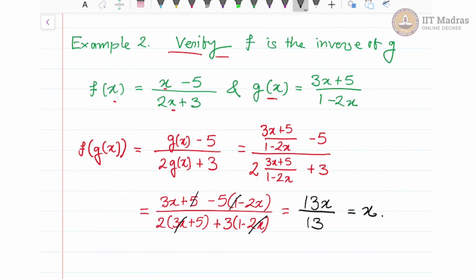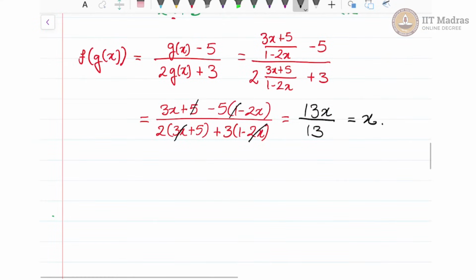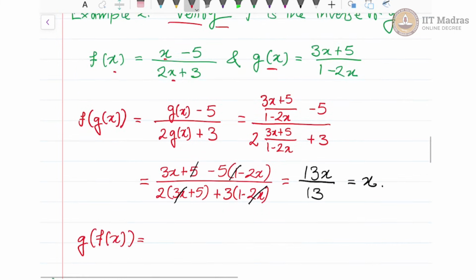Does this complete? Will this complete our verification of whether f is the inverse of g? No, because I want to check whether g is also the inverse of f. Then only the verification will be complete. So let us go ahead and do that. That is, we will consider g o f of x, and that should give me x.